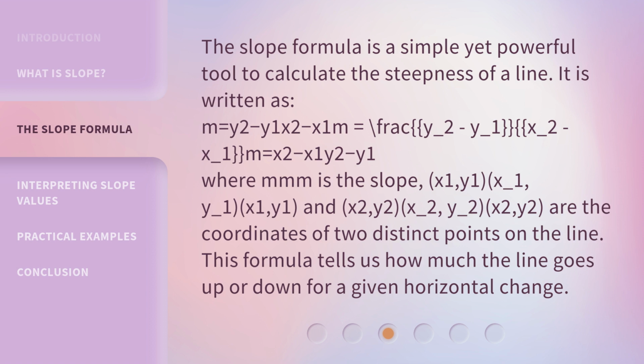It is written as m equals (y2 minus y1) over (x2 minus x1), where m is the slope, (x1, y1) and (x2, y2) are the coordinates of two distinct points on the line.